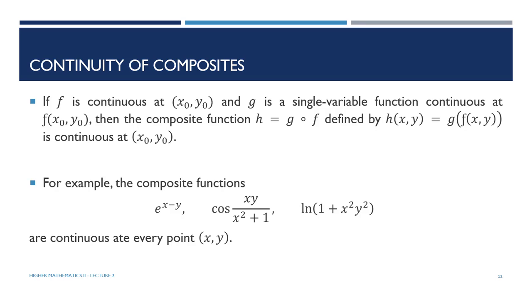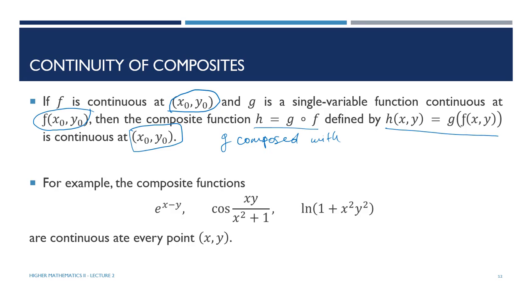If f is continuous at point x0, y0, and g is a single variable function continuous at f of x0, y0, then the composite function h equals g composed with f, defined by h of x, y equals g of f of x, y, is continuous at this point. If you remember, we read this one, g composed with f, or g composed by f.